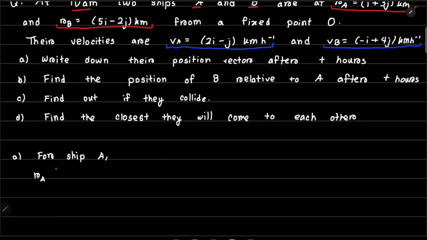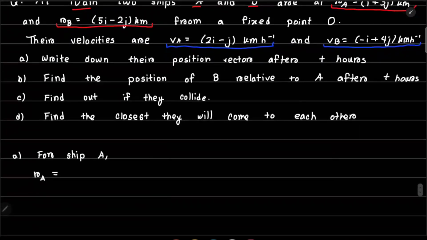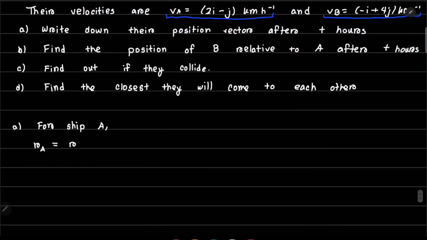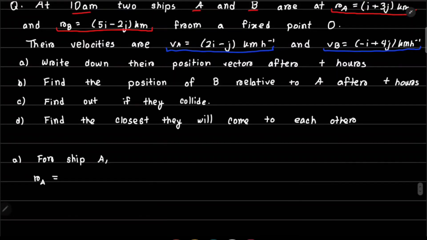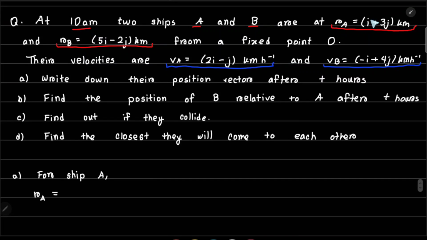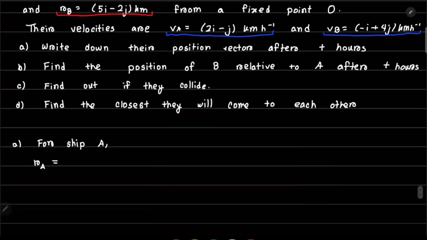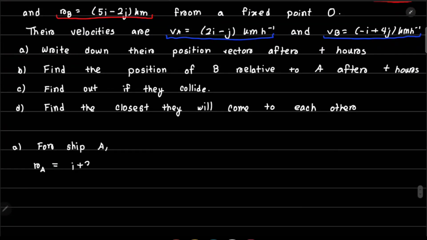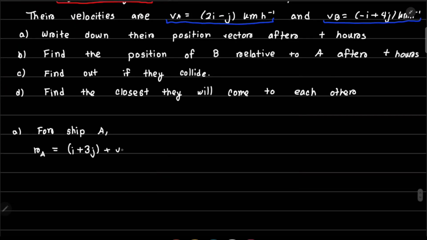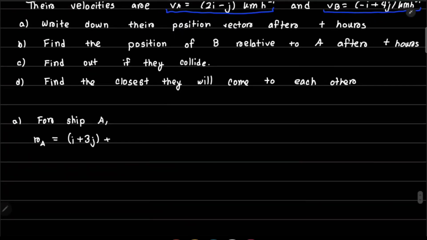the position vector of A after t hours would be its initial position, so this value over here, i plus 3j, plus its displacement. We are given a constant velocity over here, so we'll have velocity times t. A's velocity vector is 2i minus j, so this will be 2i minus j times t.